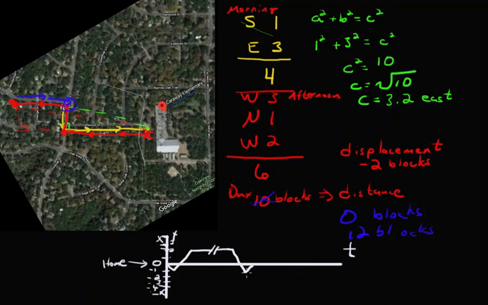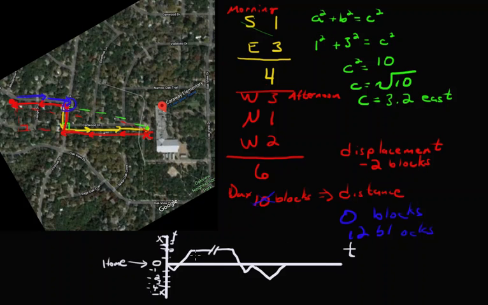All right, so she went negative, she went positive, and then she went negative again. She went to the west and she went negative for two more blocks. And then she went 2 blocks and ended up back at the origin over time. So that is how you describe motion using a graph.